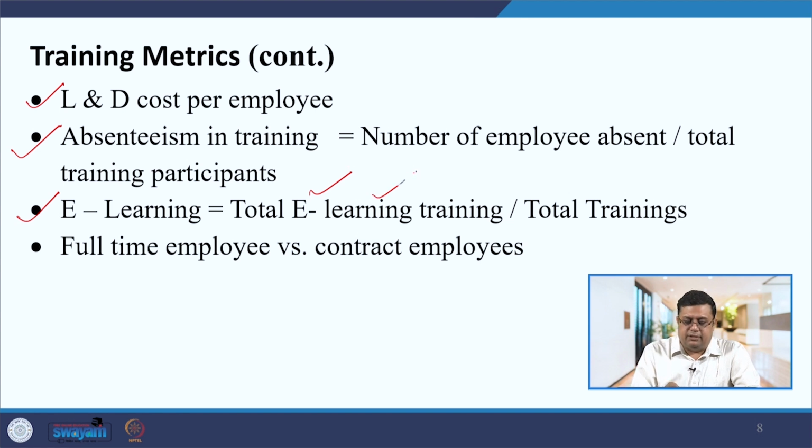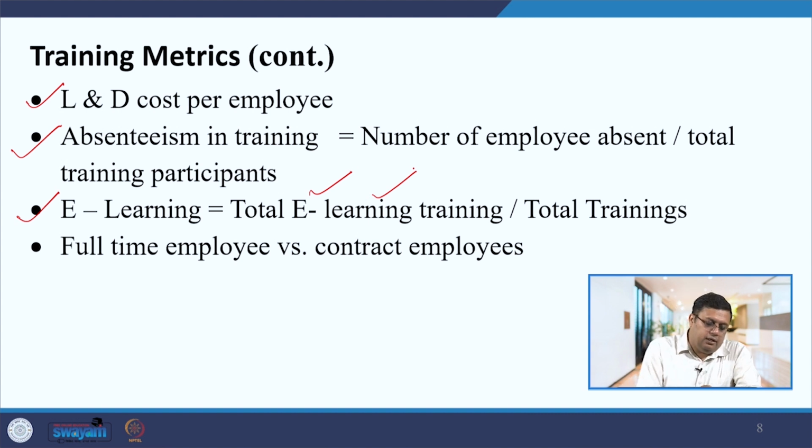If this percentage is increasing, then you can reduce the cost of training, or you can increase the number of hours per employee. You can also give diverse types of training to your employees, because the amount which is saved you can spend on other training programs.